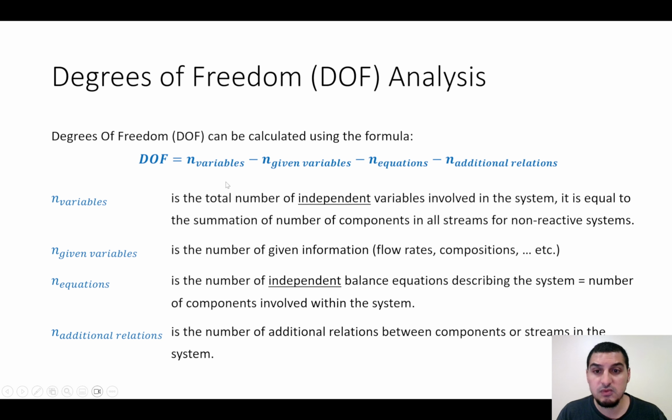So let's say I have 15 variables in my problem, and among these 15 variables, 10 are known. So I have 15 variables and I know 10 of them. If I take the 15, which represents all the variables included in this problem, and subtract 10, which are the variables that I know, then 15 minus 10 is 5.